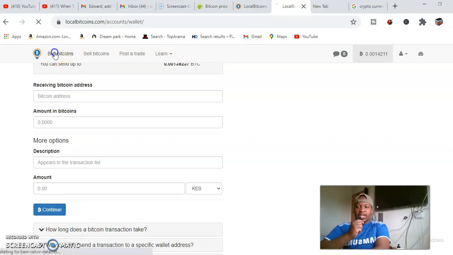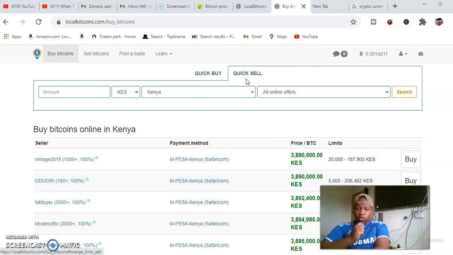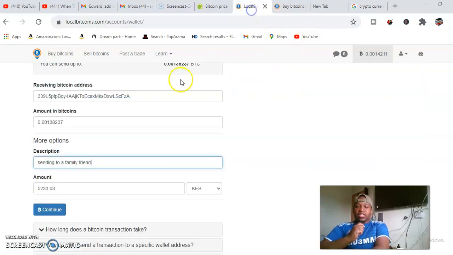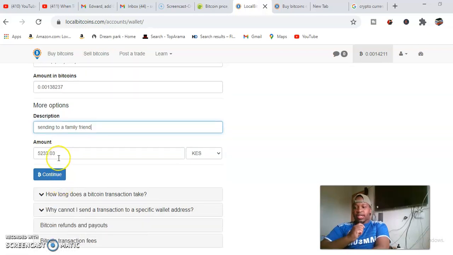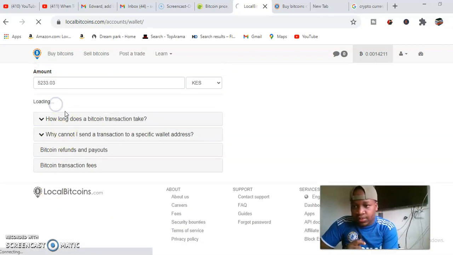You're able to make a trade, and this is the platform, the safest method, either you need to buy or you need to sell. But this time, it is a family member that I know that I'm sending Bitcoin to. We can see the amount in Kenya shillings, and I'll say continue.